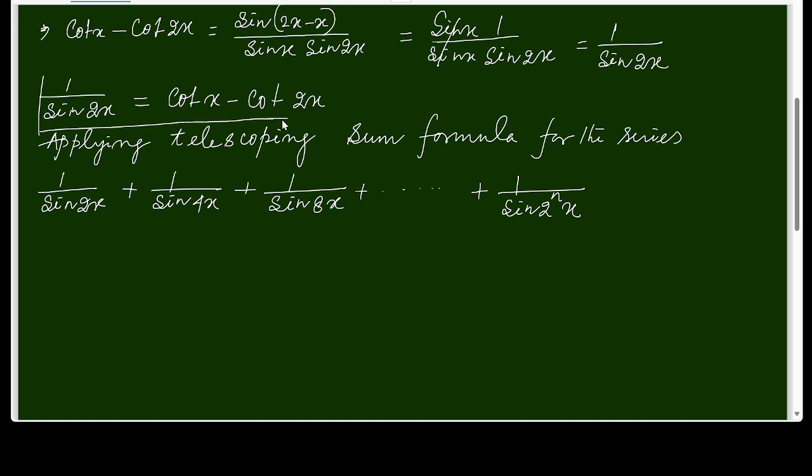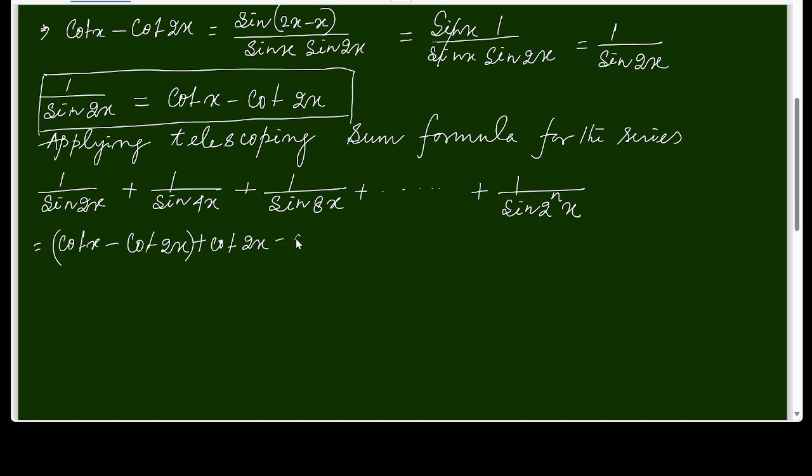So applying this, first term will be cot x minus cot 2x, second will be cot 2x minus cot 4x, third will be cot 4x minus cot 8x, and last term will be cot 2 power n minus 1 x minus cot 2 power n x.